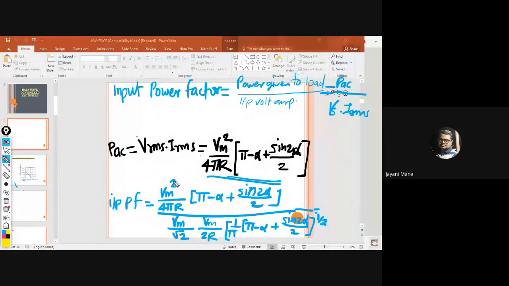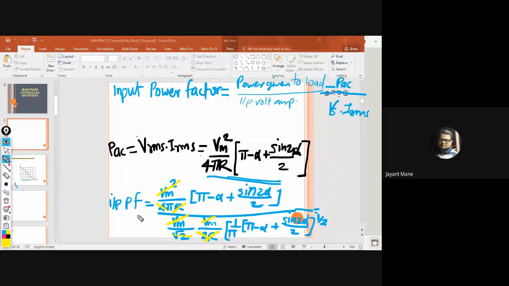So just now strike out Vm square R. Then there is 2, this 4.